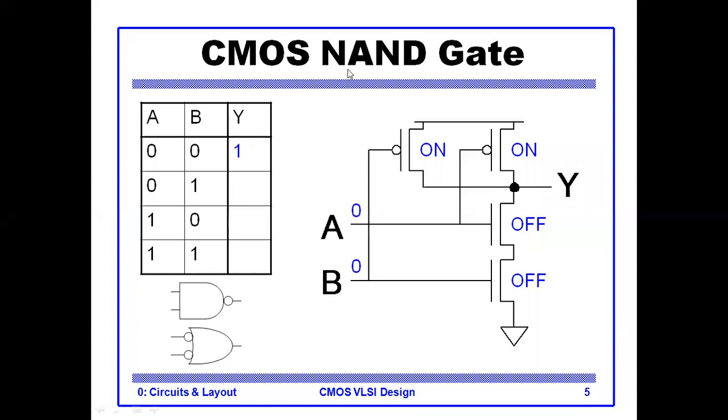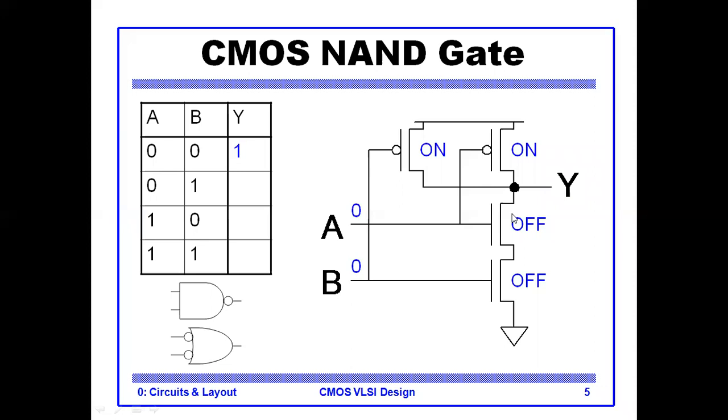Always keep in mind that when we are considering the PMOS transistor, if the Boolean expression term is a multiplier, the PMOS transistors are in parallel, and if the Boolean expression term is an adder, then the PMOS transistors are in series.